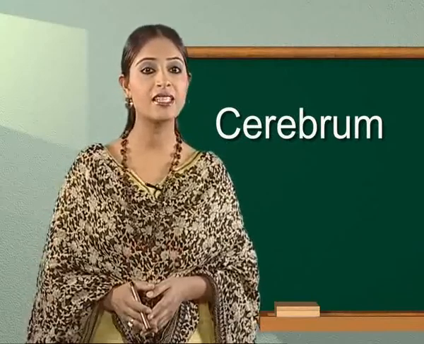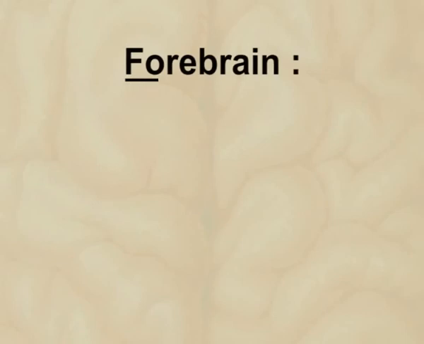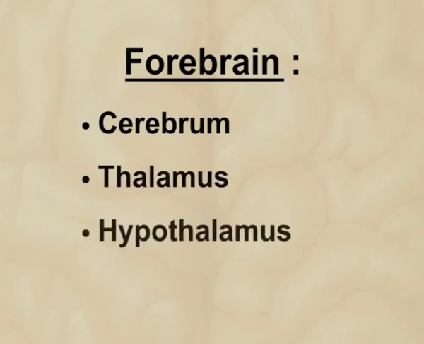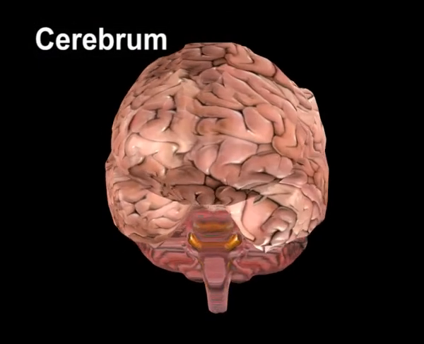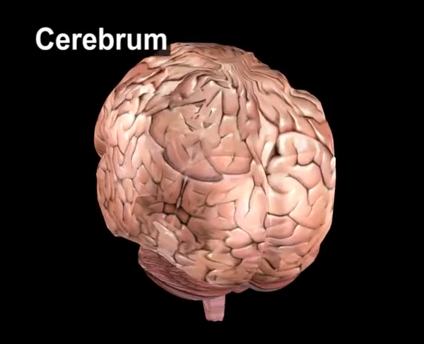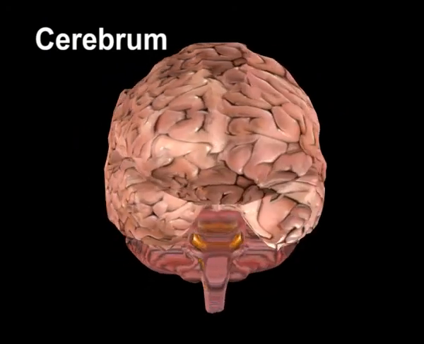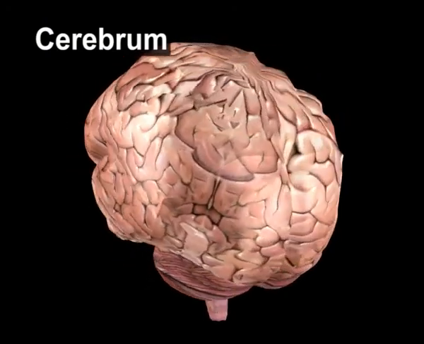Let us see how the cerebrum looks. As we discussed earlier, the forebrain consists of the cerebrum, thalamus and hypothalamus. The cerebrum is divided into two hemispheres, the right and left hemispheres.